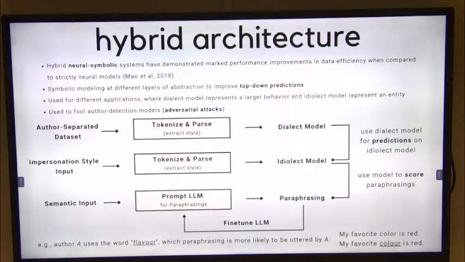If it's not implicit in the impersonation style output that he uses the word colour with the British spelling, then the model might not correctly output that. So what we do is, in the dialect model, we have the features that occur together, most likely within other speakers inside of that dialect. And this is also done for style, so in terms of the parse trees, the syntactic structures of the sentences as well.